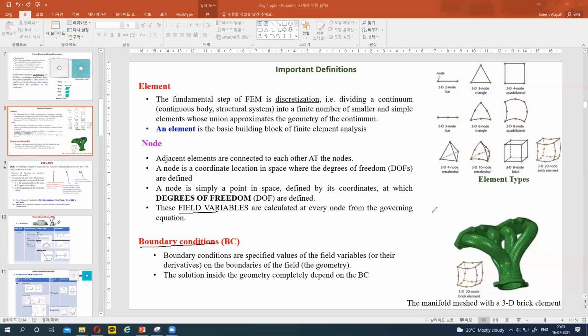Suppose I want to solve for displacement inside this body. This body is actually the exhaust manifold. You can see many pipes, right?